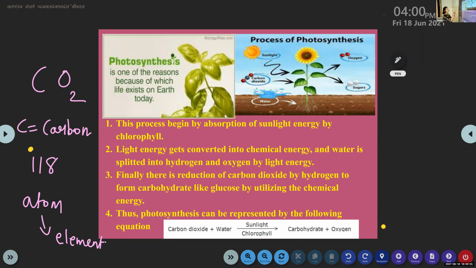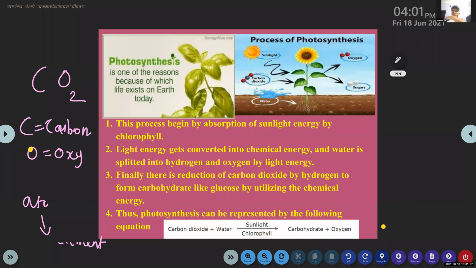Mixture means it is a mixture of carbon, an element or an atom, and oxygen. O stands for oxygen. One oxygen gas means it contains two atoms of oxygen. That is why it is given O2.